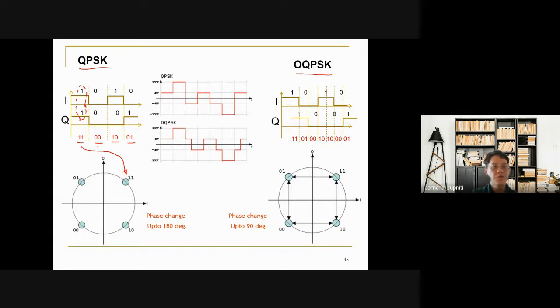From this example, if you have to transmit 1 1, you transmit with the phase of pi over 4. If you want to transmit 0 0, what is this phase? It's 5 pi over 4.